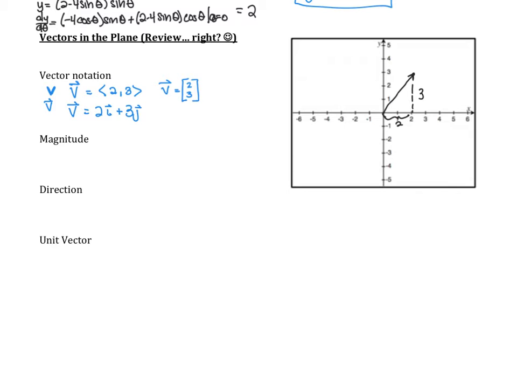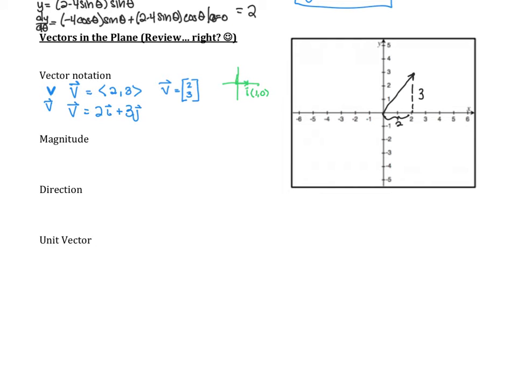Okay, let's briefly talk about the i and j aspect of this. That notation comes from unit vector notation. In unit vector notation, i is a vector that goes from (0, 0) to (1, 0). So i is equivalent to the point (1, 0).